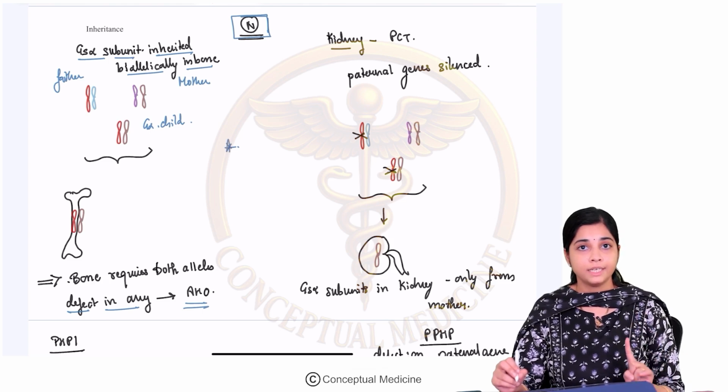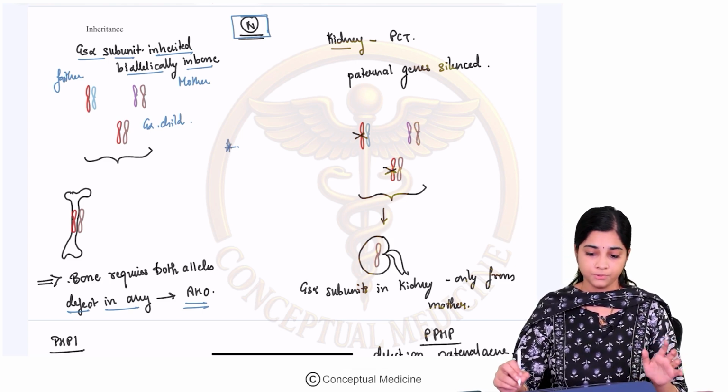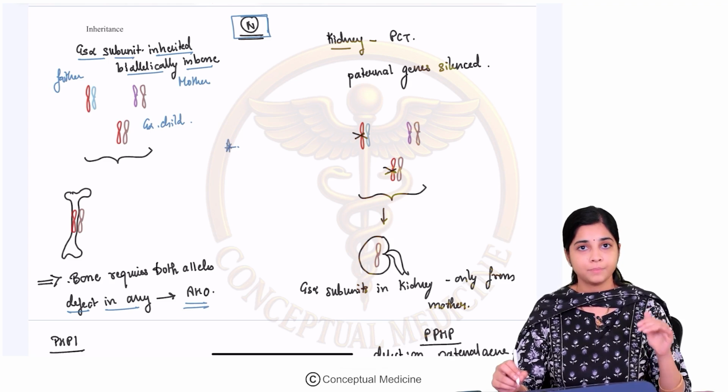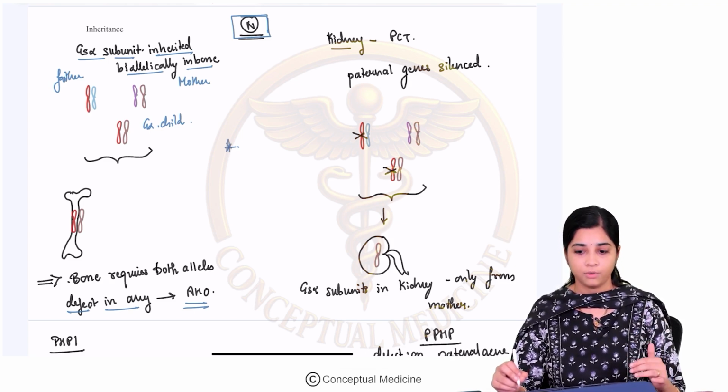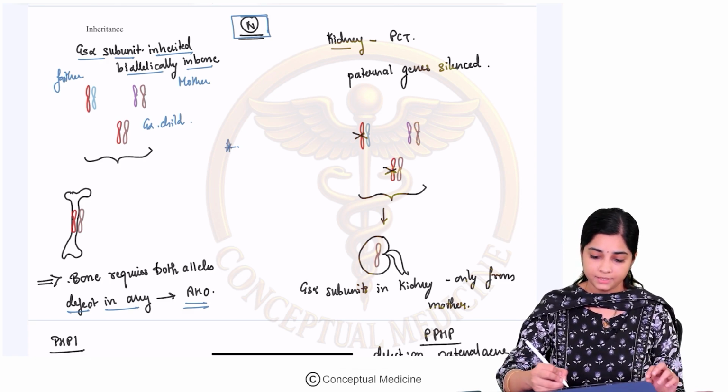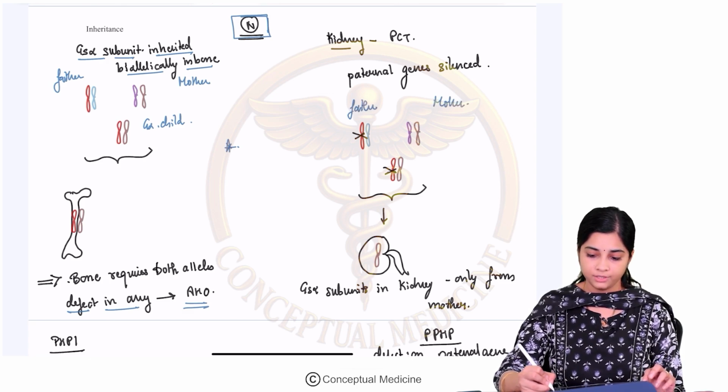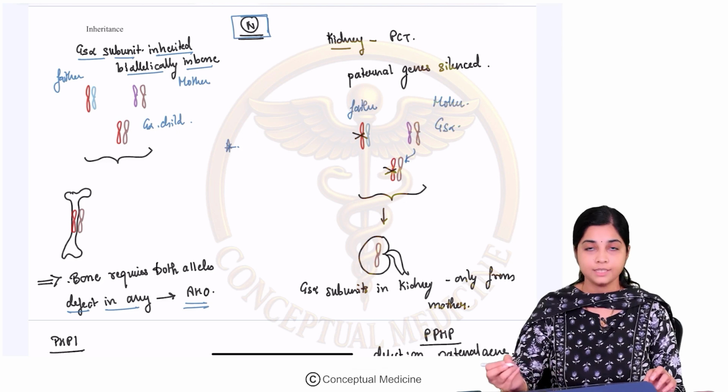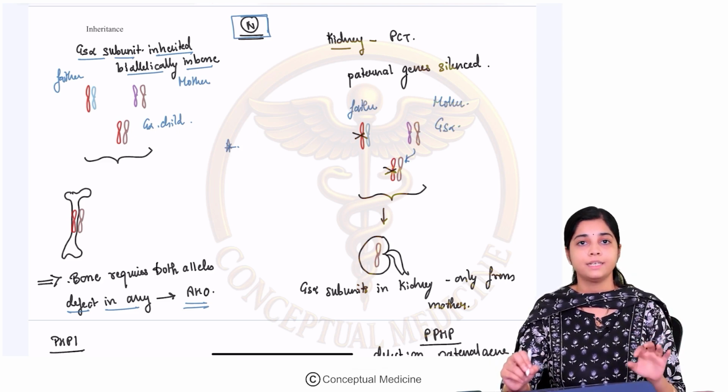But in the kidney, in the proximal convoluted tubules, what happens? Now if the PTH has to act on the kidney, what happens? In the kidney, due to unknown reasons, there is paternal silencing. This is the father, this is the mother. You get only your mother's allele of your Gs alpha subunit inheritance. There is paternal silencing in the kidney. This is normal.